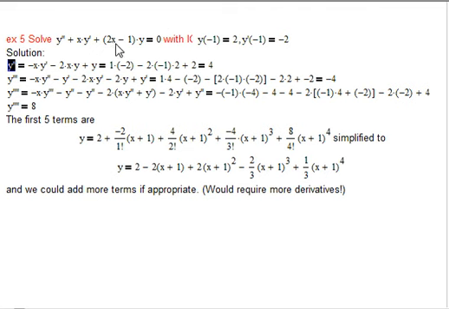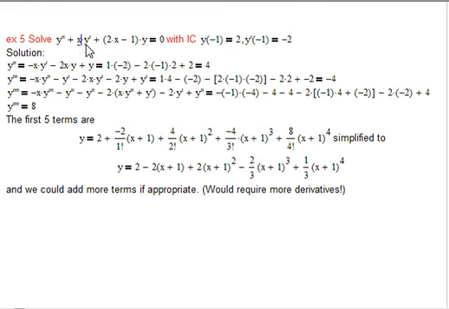And so if we were going to do that, y double prime equals negative x y prime minus 2x y and then plus y, right? That's just this equation solved for y double prime. But we've got numbers we can fill in for that.